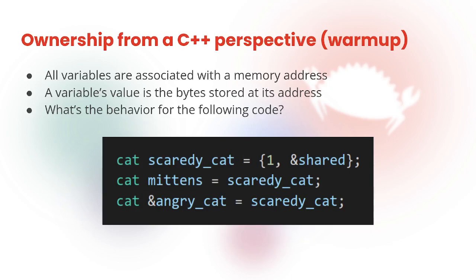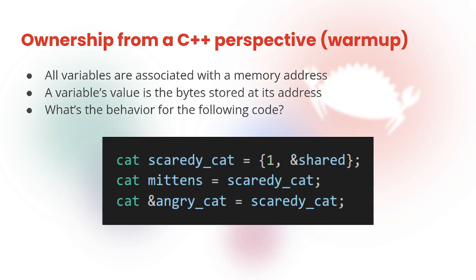What's stored is actually a pointer to scaredy cat. So technically, angry cat and scaredy cat are different types, because angry cat's value is a pointer and scaredy cat's value is this struct over here. But whenever you're using it, C++ would implicitly dereference this pointer and then do the operation on the object represented by scaredy cat.